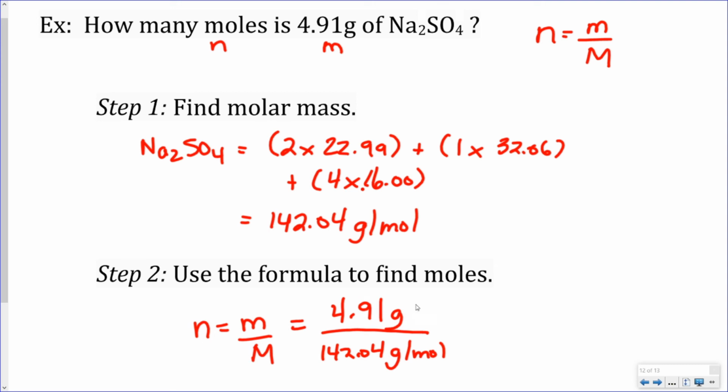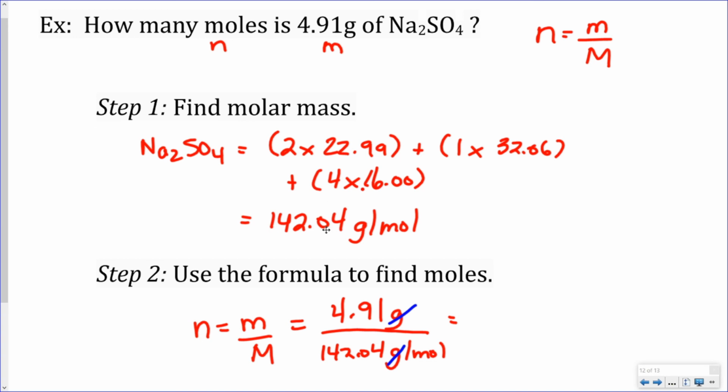If we take a look at our units, grams are actually going to cancel out, so that's great. And using your calculator wisely, you can just put in 4.91 divided by, and if your calculator has an answer key and you press it, it should put in the answer to the last calculation you did, which was probably getting the molar mass up here.